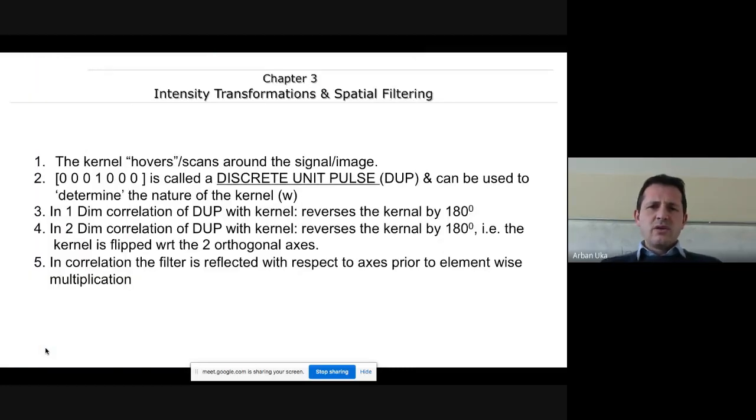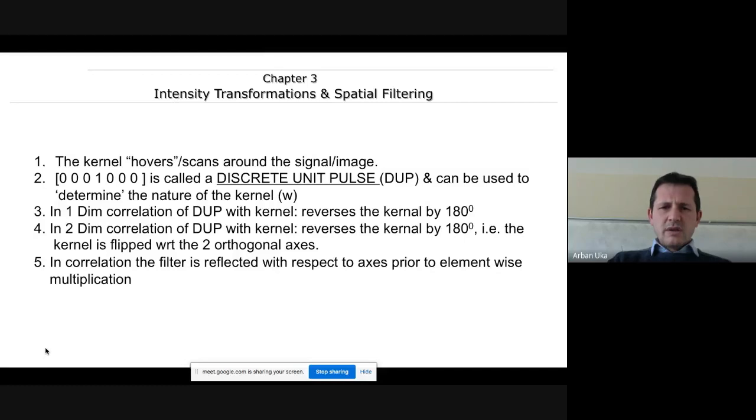Now, in order to analyze these, we often use discrete unit pulses, or we can even call them delta functions. So in signal processing, there are delta functions which have an infinite height, but a thickness which converges down to 0. Now, in one-dimensional correlation of a discrete unit pulse, DUP, we reverse the kernel by 180.